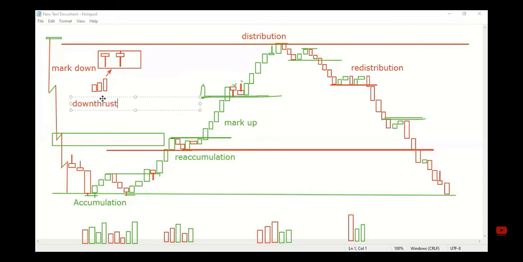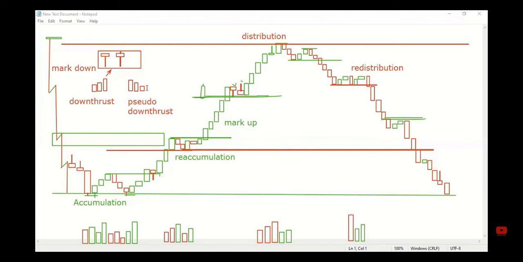And when this candle's volume is lower than the previous two candlestick bars, then it's a pseudo downtrend signal.